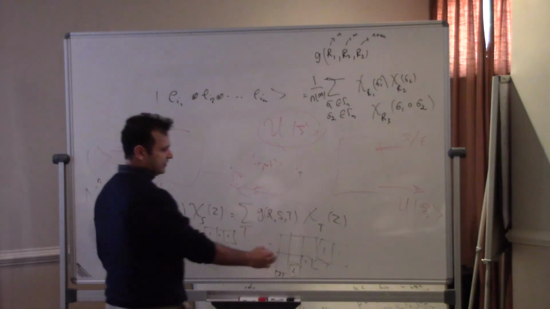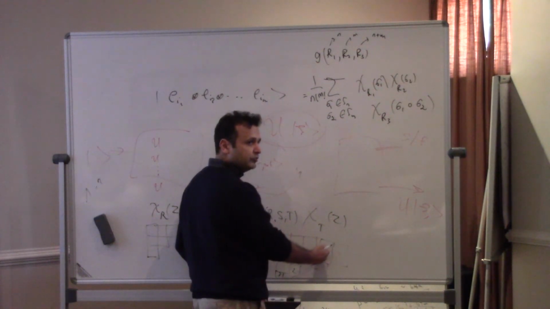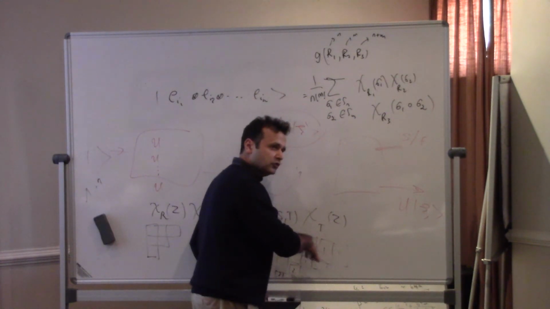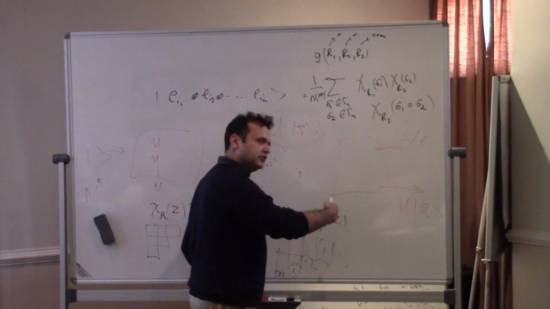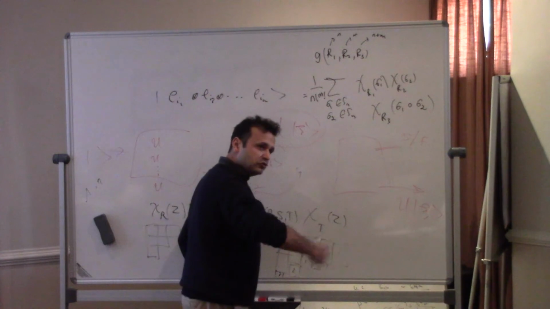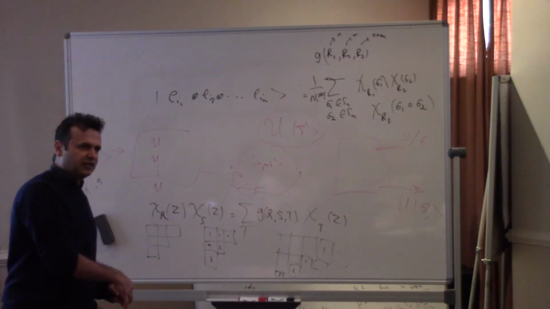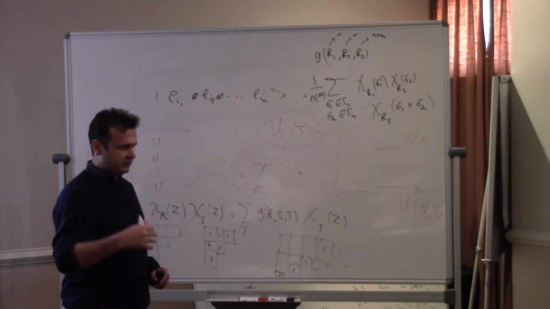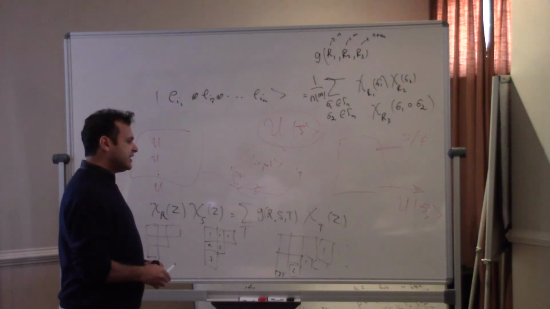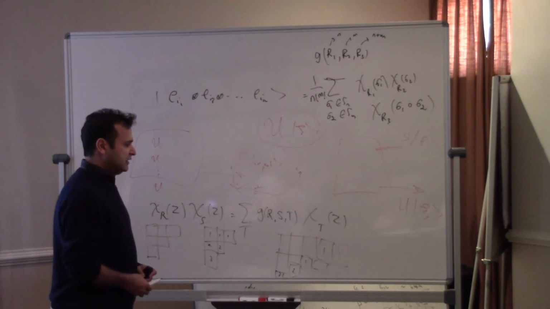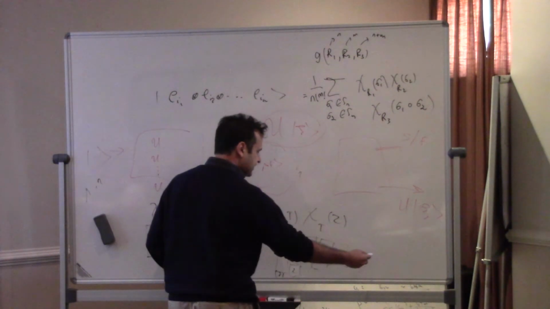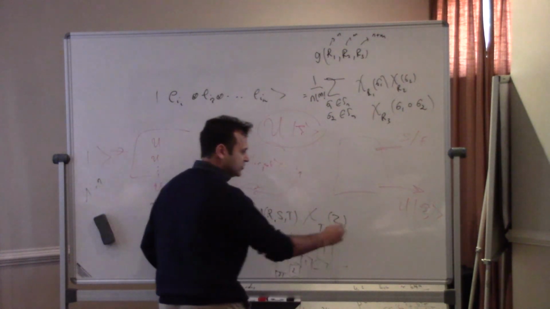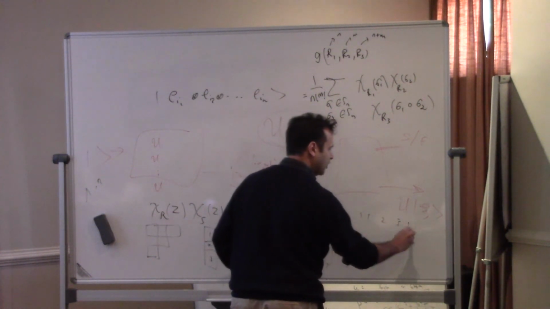Weakly increasing means they could increase or they could be equal as you go along, but they can't fall. So it's weakly increasing or stays equal along rows, and strictly increasing down the columns. That's one part of the rule. And the second part of the rule is that you read these numbers, reading from here, and then here, and then here, and you write 1, 1, 2, 3, 1, whatever.